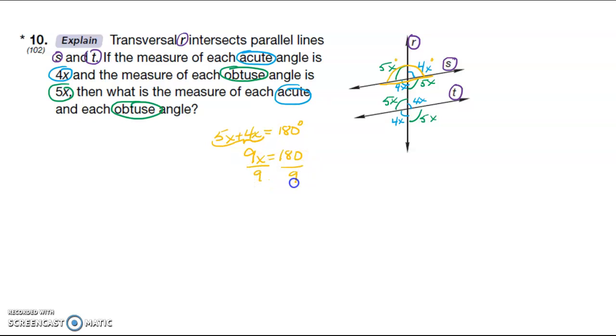Divide by 9, and I get x is equal to 20. That doesn't tell me what the acute angle and the obtuse angle are. I have to plug that in. So the acute angles are 4x, which is 4 times 20, which is 80. And then I can just subtract that from 180 to get the obtuse angles.